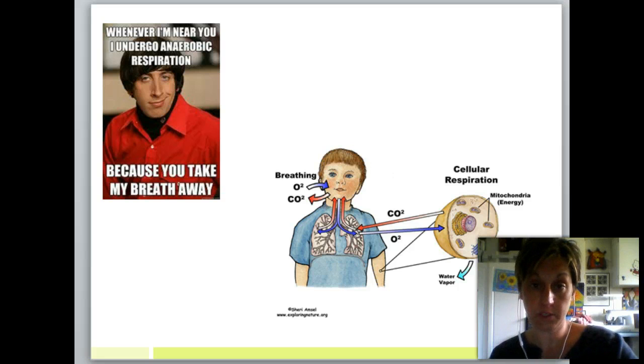So another type of respiration that takes place in animals is regular respiration, where we take in oxygen and we breathe out carbon dioxide.